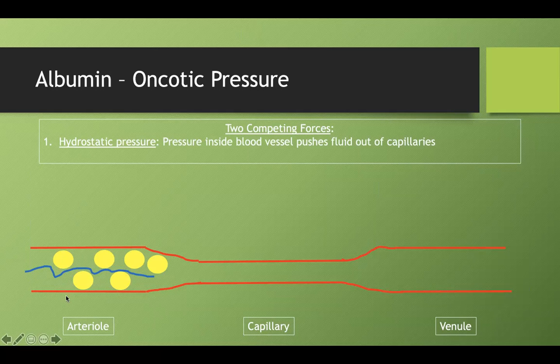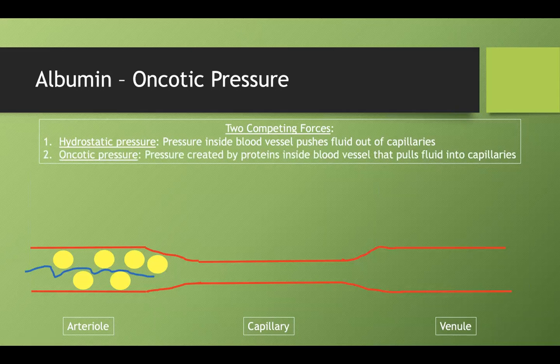There's always the intrinsic pressure of all that fluid inside this contained space, and it kind of wants to escape. But that is usually balanced by the oncotic pressure, and the oncotic pressure is the pressure of these proteins to draw water back into the system. So you have this hydrostatic pressure pushing fluid out, and the oncotic pressure pulling fluid back in.